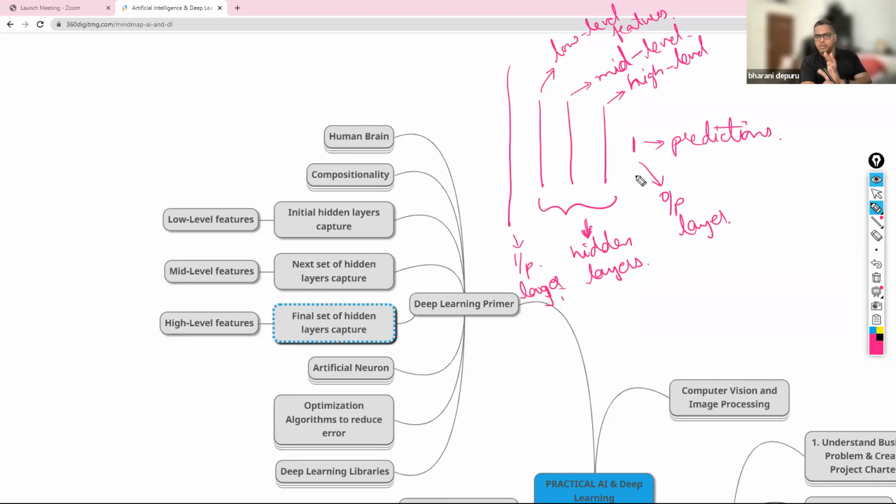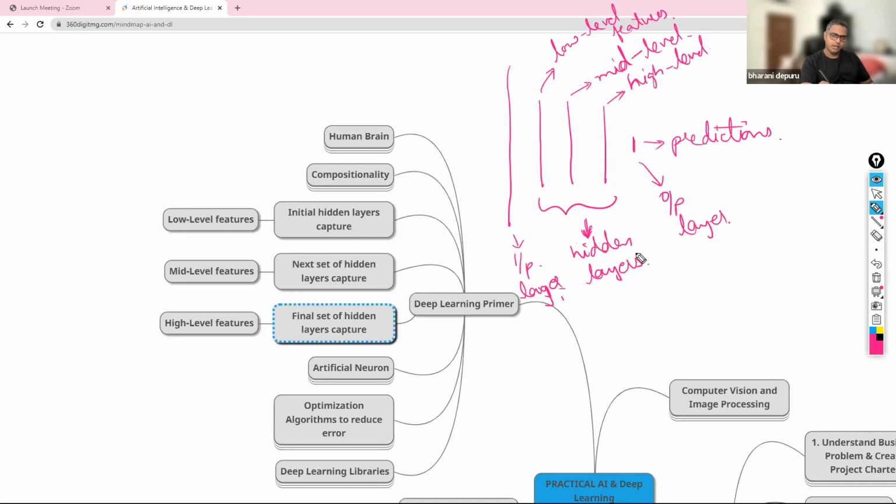In each of these layers, we also understood that there will be something called neurons. The number of neurons you want to have in the hidden layer is a hyperparameter. You need to decide how many neurons you want in each of the hidden layers, and how many hidden layers you want is also decided by you.